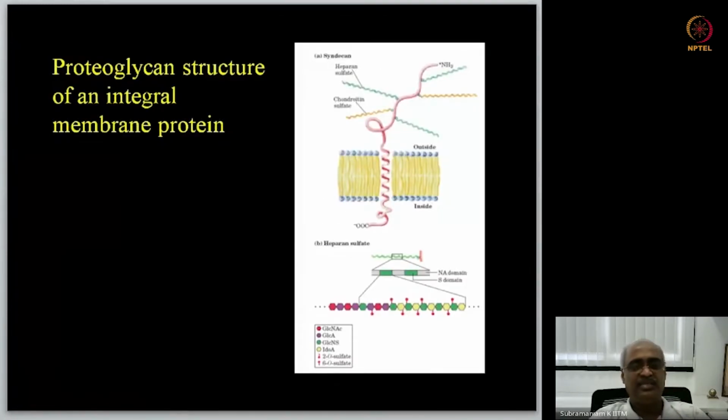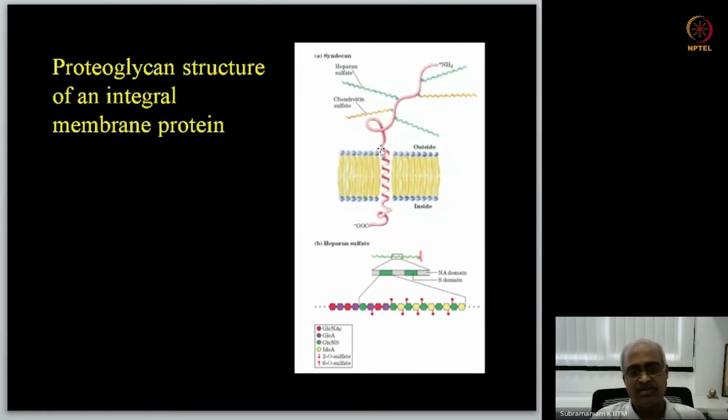So here is an example of a proteoglycan, which is an integral membrane protein. Here the core protein contains hydrophobic side chains in a short sequence. Usually about 10 to 12 hydrophobic amino acids are enough to get anchored in the membrane, where the hydrophobic side chains interact with the aliphatic chains. Remember, we already know the phospholipid structure.